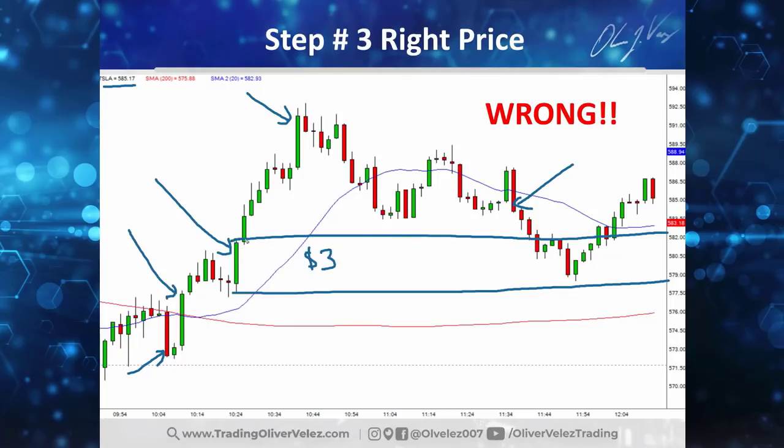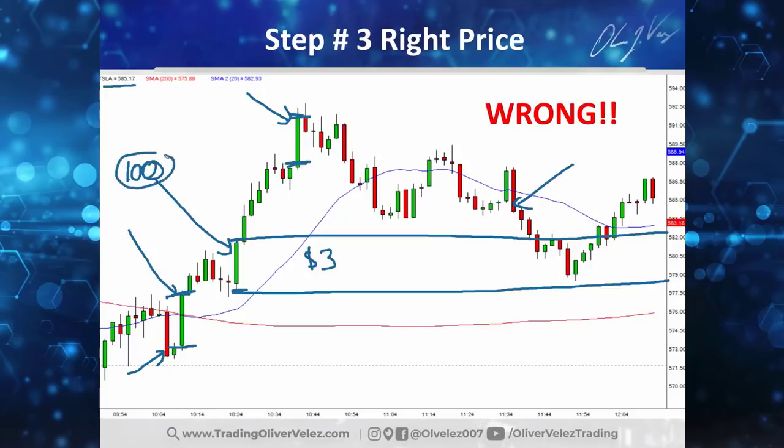Now, if the solid bars are based on 100 shares, and I can only lose $50, my bar is $3. My big bars average maybe $3 to $4.